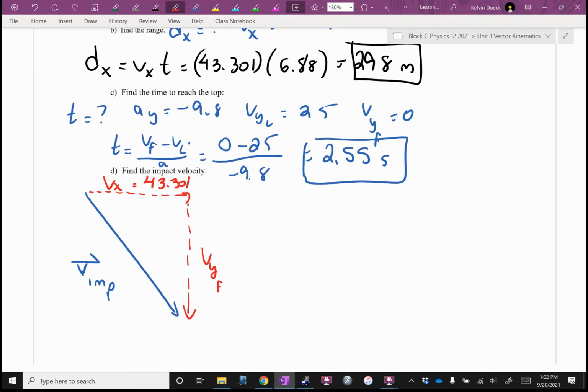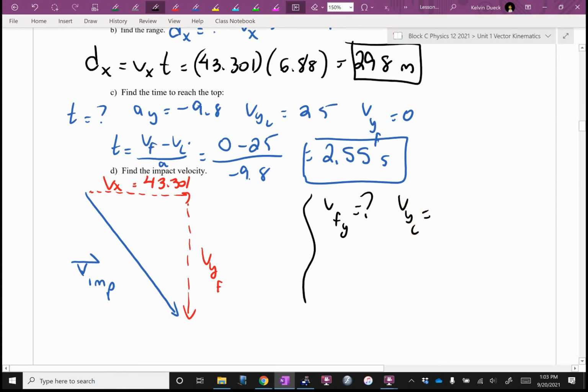Do I know Vy final? How fast it's traveling vertically when it hits the ground? Do I? No. Fine. Vertical final velocity equals question mark.